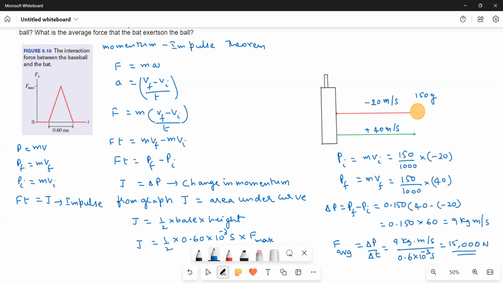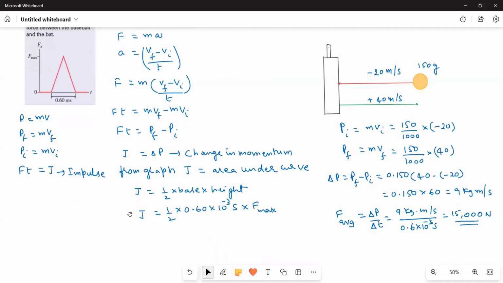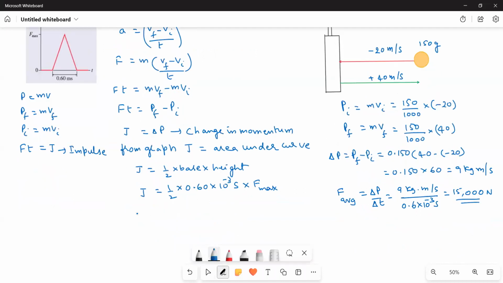Now we have to find out F maximum. So to find out the F max, I will write this one. This is 0.3 into 10 to the power of minus 3. F max into 0.3 into 10 to the power of minus 3 is equal to J, am I right? J is equal to delta P. So delta P we already found out, 9 kilogram meter per second.